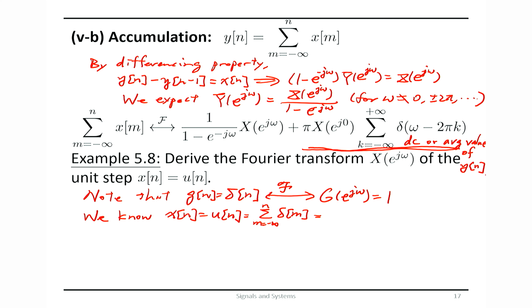So when n is less than 0, then this summation is 0. But whenever n is greater than or equal to 0, you will be summing up this delta function at time 0, and therefore the outcome will become 1. So this summation will give you something that behaves exactly the same as this unit step function.